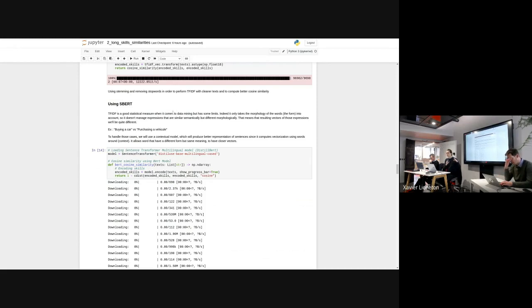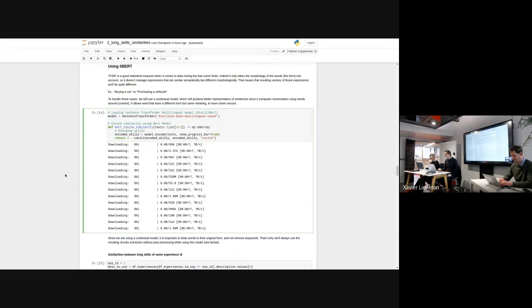So BERT will convert one skill to a vector. If you have two vectors, you can call the cosine similarity function between them. These vectors are embeddings, and if two embeddings are similar, they will have high similarity, and that's how we compute skill similarity.